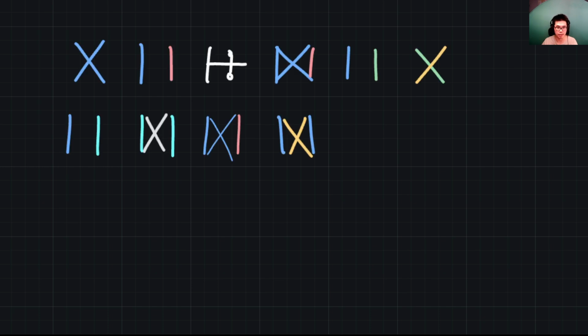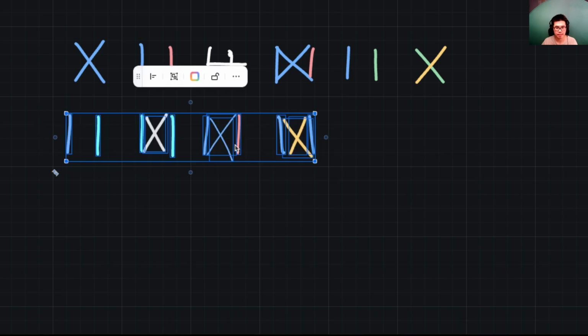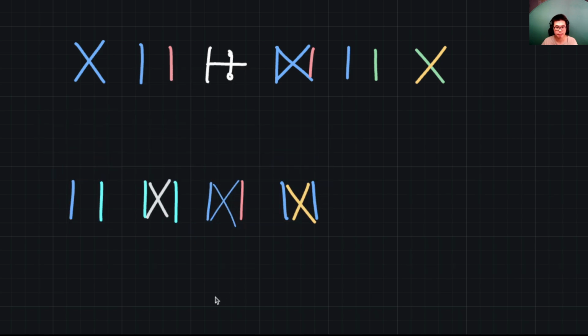Our next topic is the matrix representation of these gates. Matrices are nothing more than rectangular arrays of numbers, but the main interest of matrices is matrix multiplication. This is mathematics.